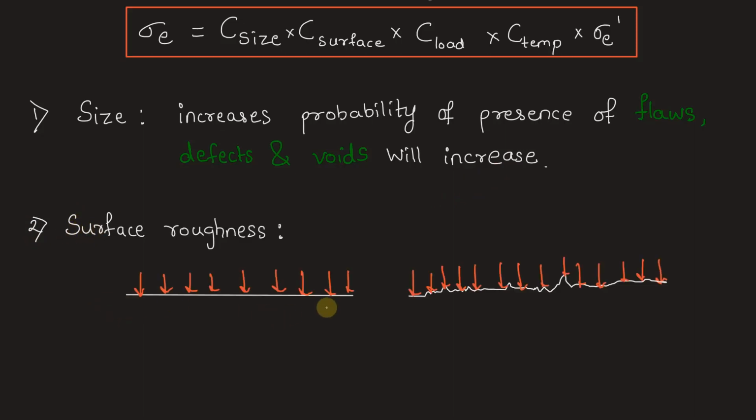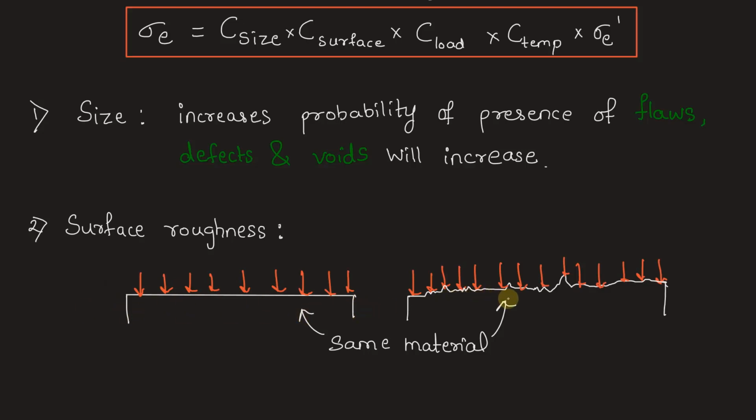We have the surfaces of two objects made of the same material. One has a very smooth, polished surface, but the other has a rough or unpolished surface with many hollows and highs. So we can clearly say that when the surface of the smooth object is stressed, the stress is distributed uniformly on the surface.